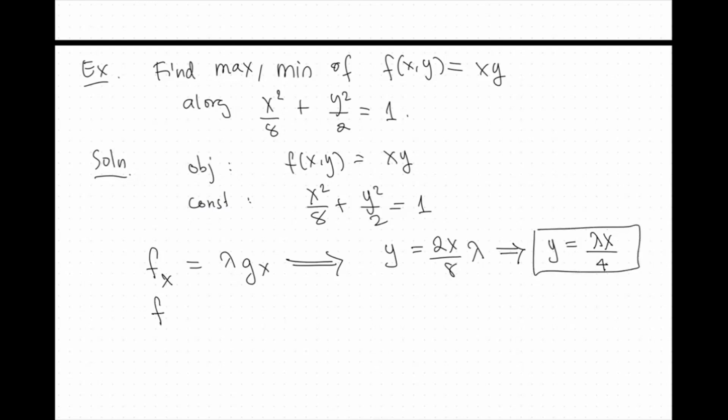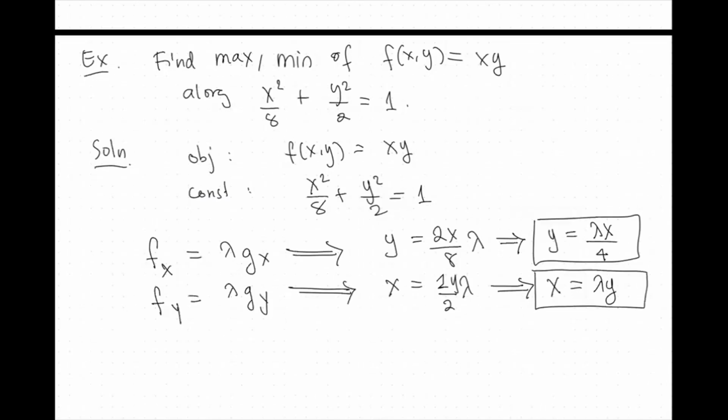And then f_y equals lambda g_y: the partial derivative with respect to y of xy is just x, and then we get 2y over 2 times lambda. That means x equals lambda times y.